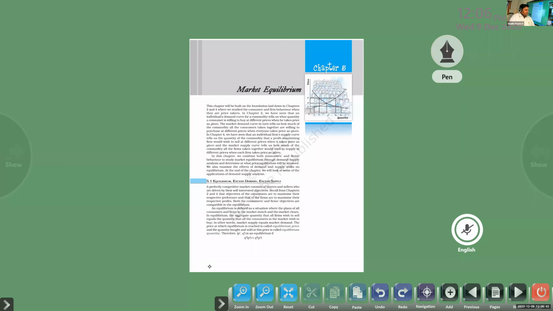Clear? Okay, so the total supply in the market is termed the market supply. Supply of different products at different prices all together we consider as the market supply, and the demand for various commodities at various prices entirely in the market is considered the market demand.